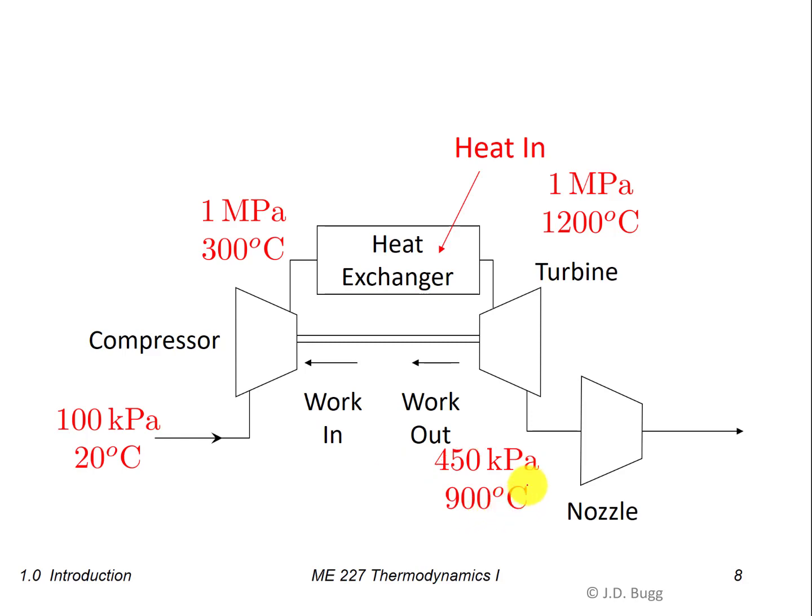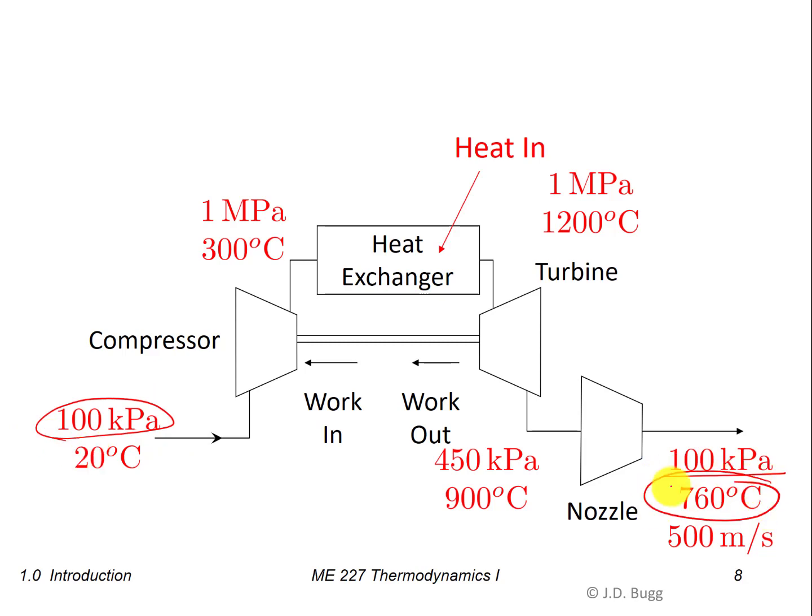So a nozzle converts that internal energy into kinetic energy, so that when it comes out the end here, it's at 100 kPa, so that's back to atmospheric pressure finally. Still quite warm actually, 760 degrees C, but it's traveling at about 500 meters per second, whereas coming in, the velocity would be negligible. So it's converted some of that internal energy into kinetic energy.